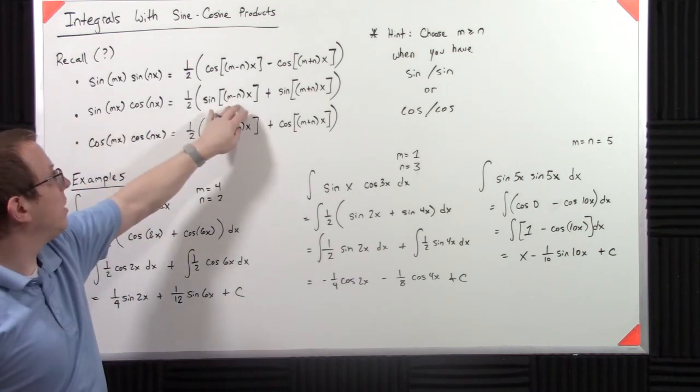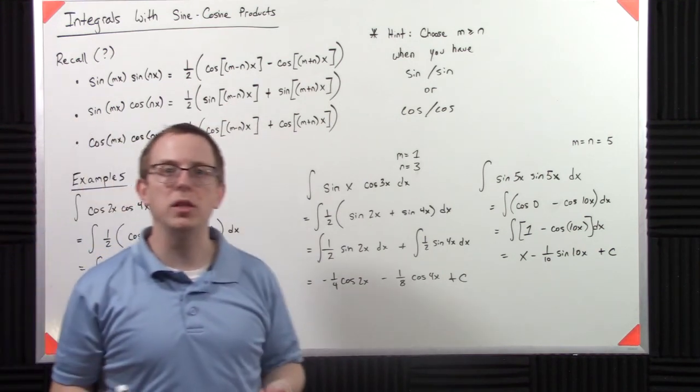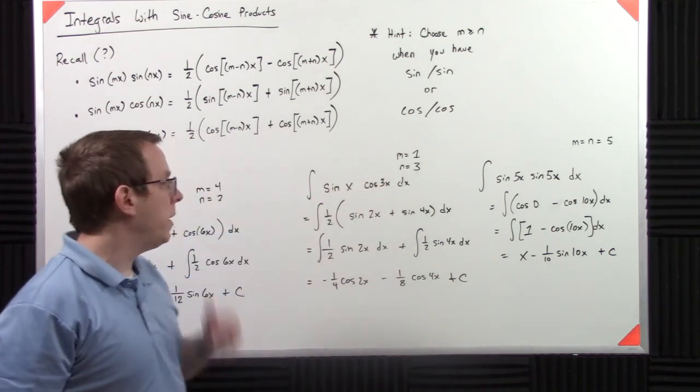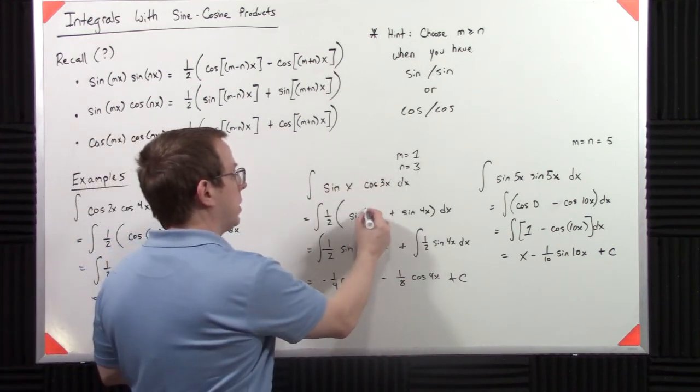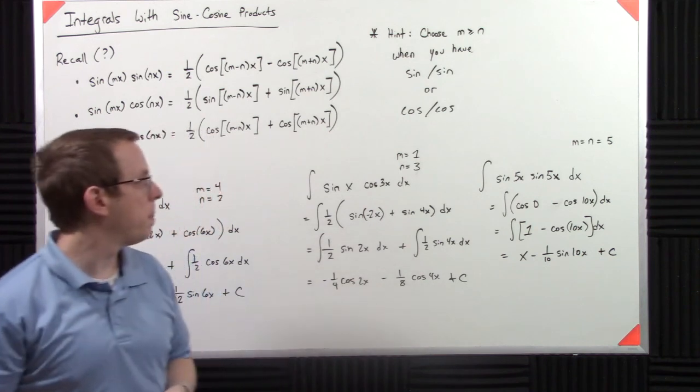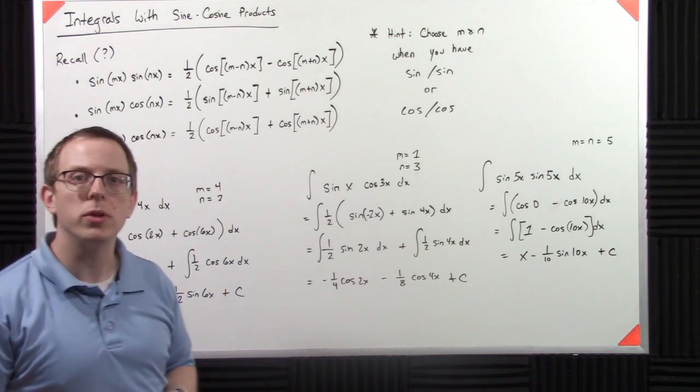I actually can't do it like that, so that's going to mess me up. So now I have 1 and 3. So I have 1 minus 3. So this is sine of negative 2x.